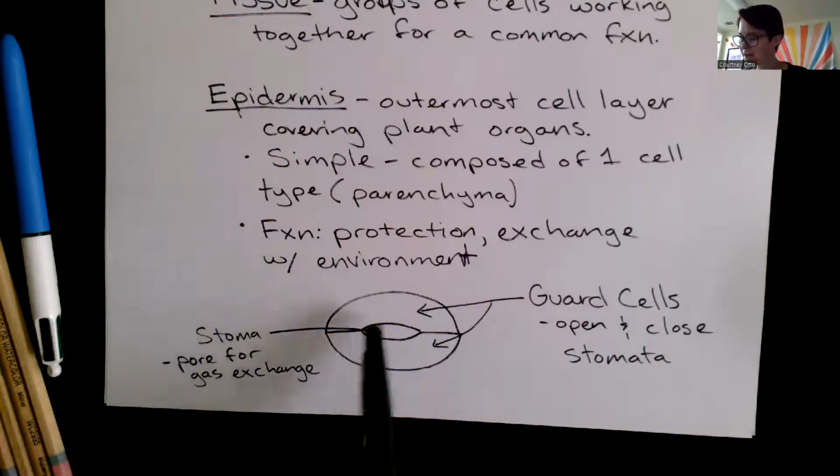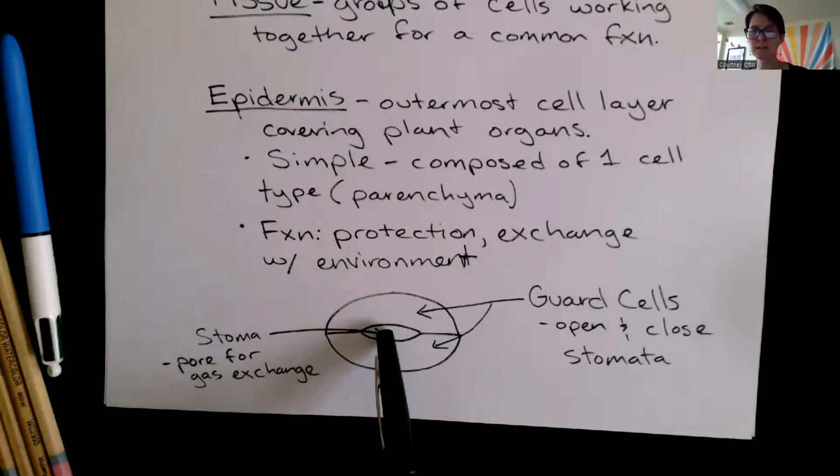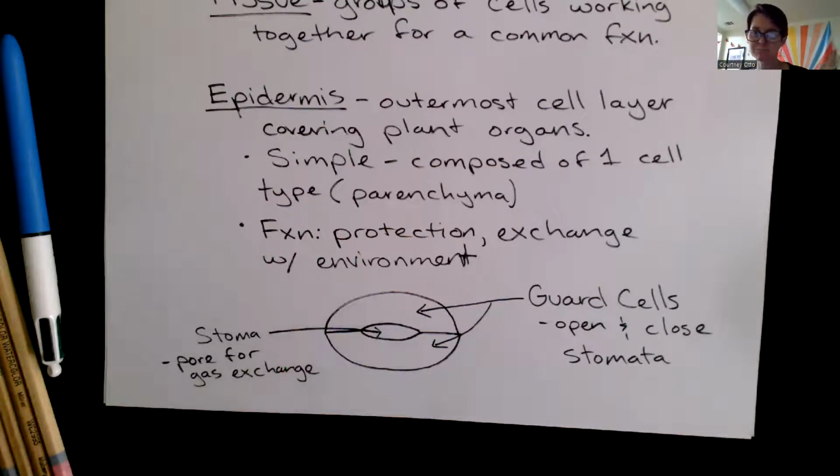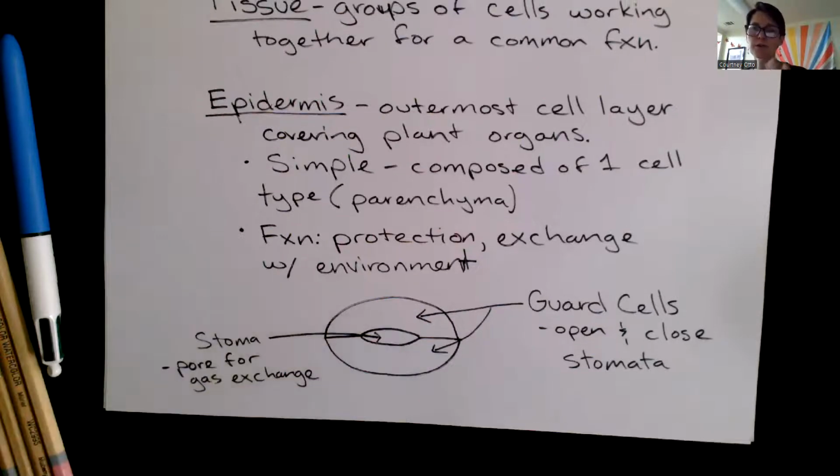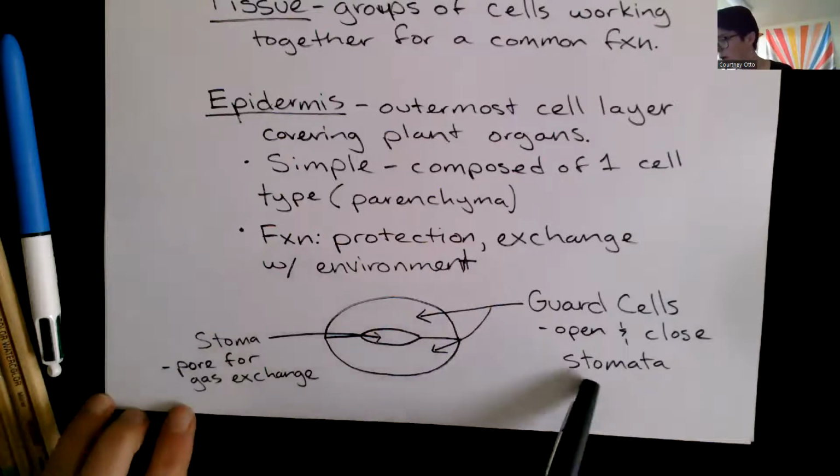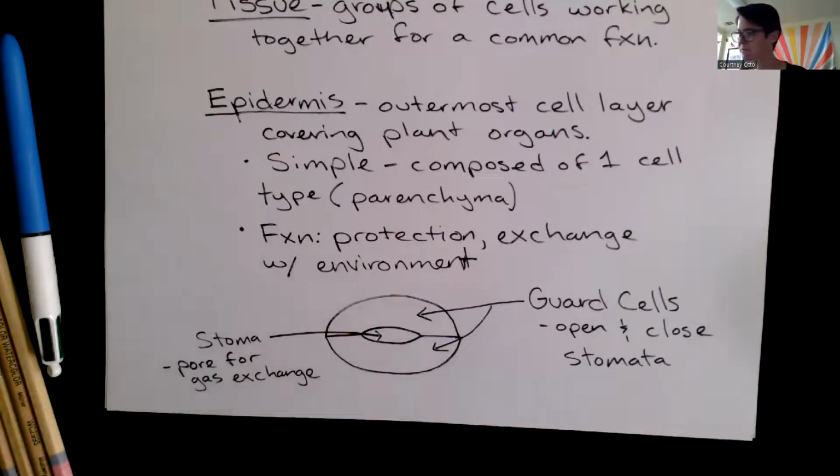What I mean by that is that one thing that is lost out of the stoma is carbon dioxide, which is fine. That's a byproduct of photosynthesis, so that's not a big deal. But sometimes plants can lose too much water vapor. And so when they're under water stress, they'll actually close their stomata to prevent too much water from being lost. So guard cells and stomata are some of these specialized cells we can find inside the epidermis.